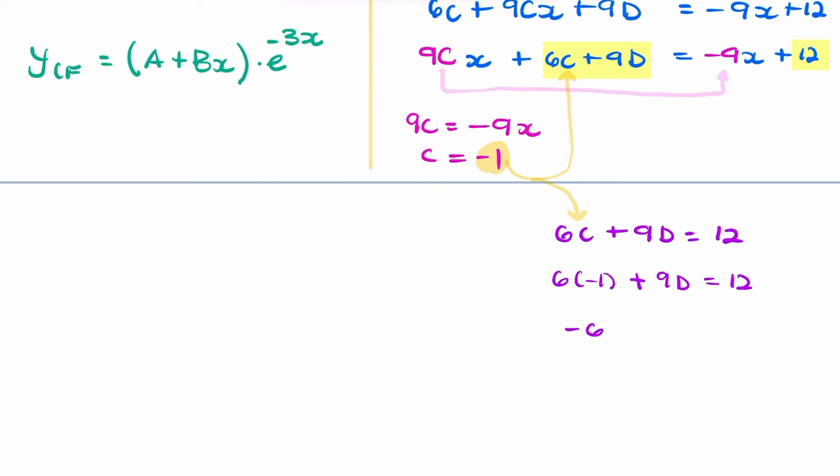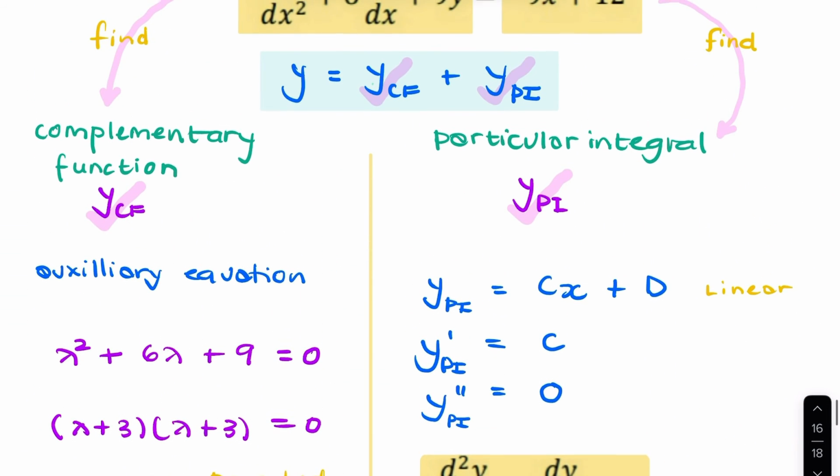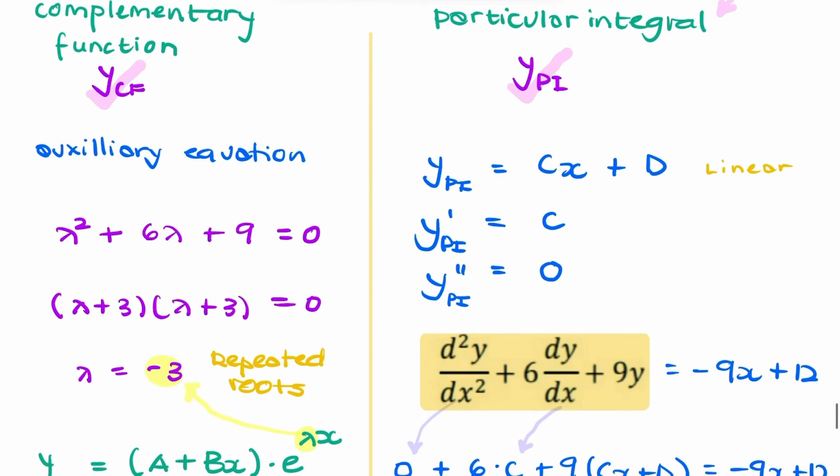So negative 6 plus 9d is 12. 9d is 12 plus 6, 18. d equals 2.